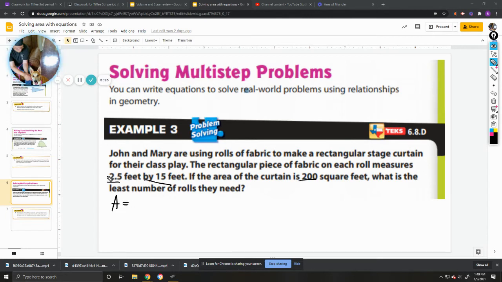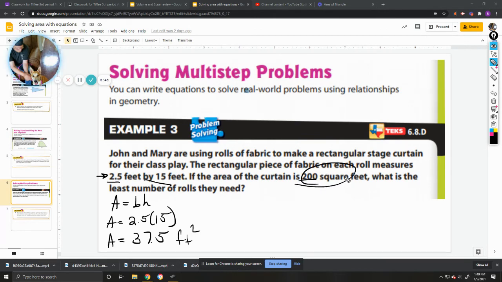The dimensions of each roll are 2.5 by 15, so you're going to do base times height. 2.5 times 15 is 37.5. So each roll covers an area of 37.5 square feet.